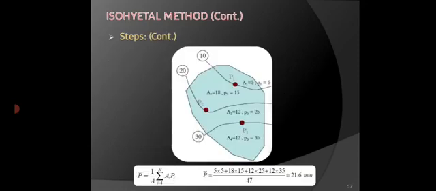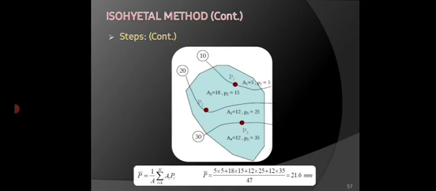Again we have the boundary of the area, the locations of the rain gauges, and the rainfall value at each rain gauge. With the help of the rainfall values, draw contours of equal rainfall. Say the contour line passing through rain gauge station P1 is 10 mm, then 20 mm, 30 mm.